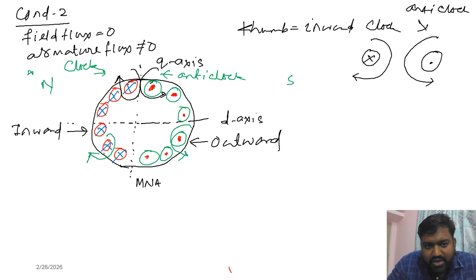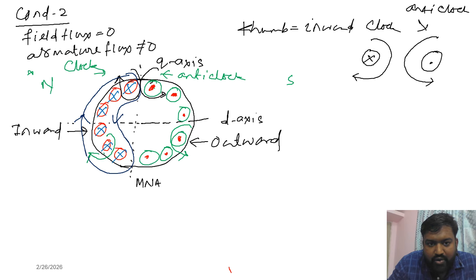If I put a summation here, I will draw the sum block, and the direction is clockwise. This is the closed loop path.